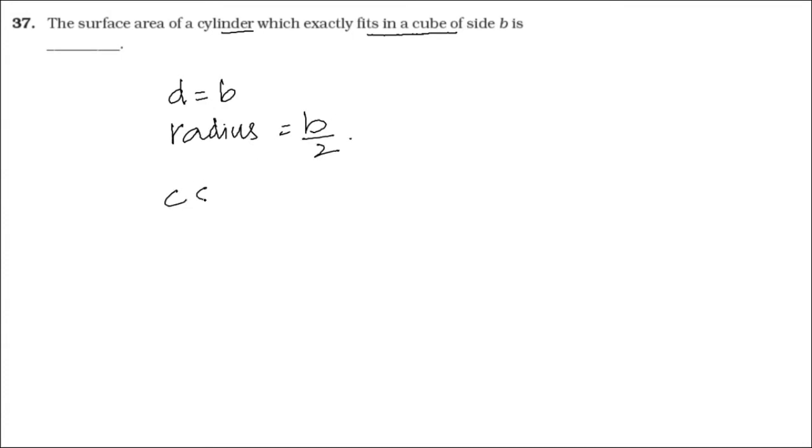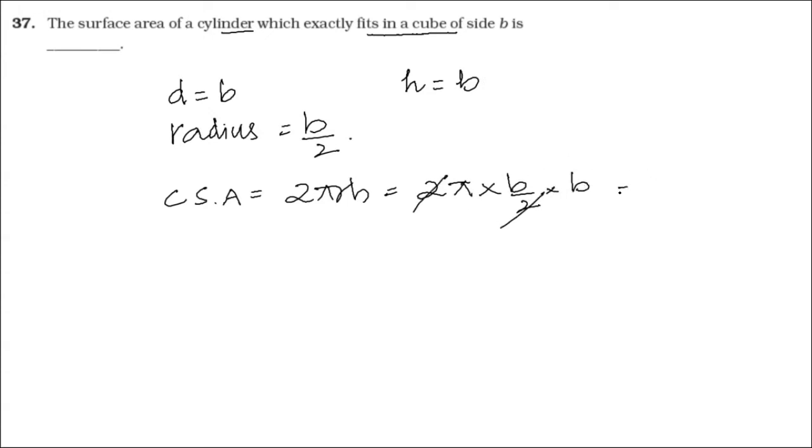We know the curved surface area of a cylinder is given by 2 pi rh, which will be 2 times pi multiplied by the radius b by 2. How about the height? Height of the cylinder will be the same as the side of the cube, so it should be taken as b. When we do this, we get pi b square.